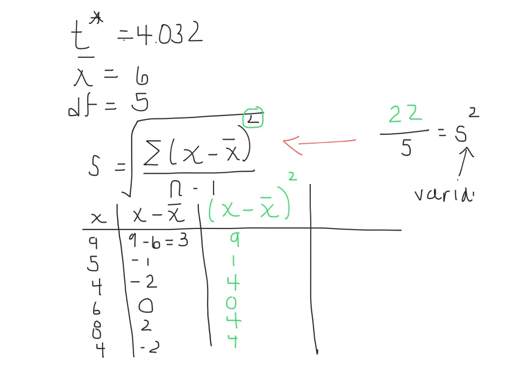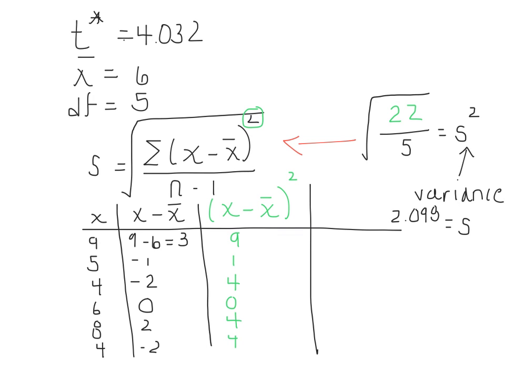But I'm interested in the standard deviation. So I need to take that S squared and get S. Well, to undo squaring, I need to square root. So if I take the square root of 22 over 5, I get a standard deviation of about 2.098. Now, I don't know how your program is wanting you to round that. Oh, to 4 decimal places as needed.